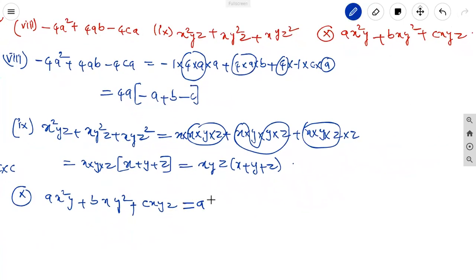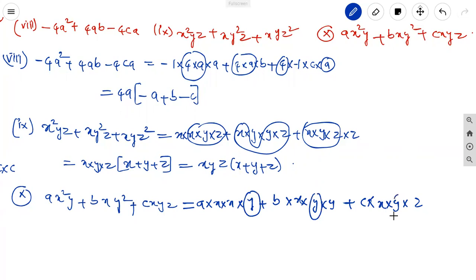Equal to a into x into y plus b into x into y plus c into x into y into z. Here in this, x and y are common.